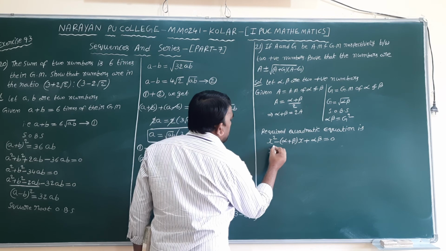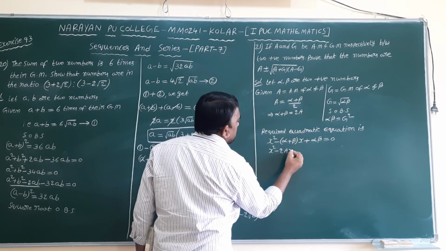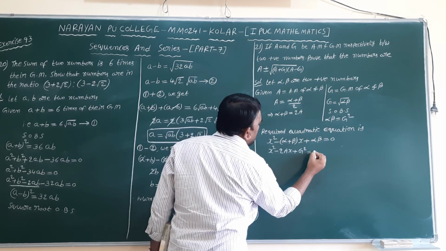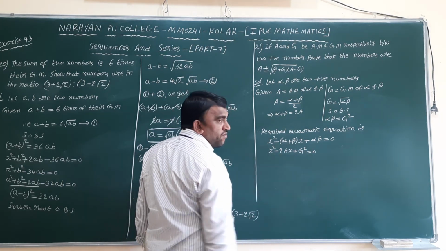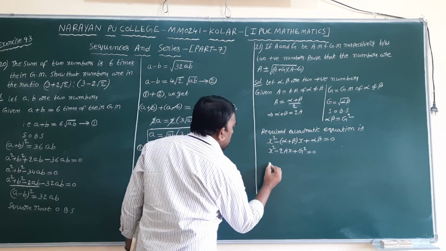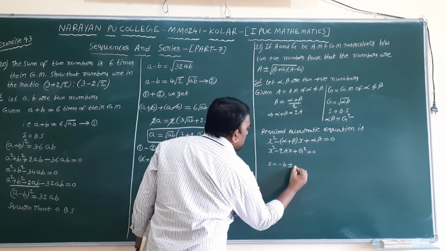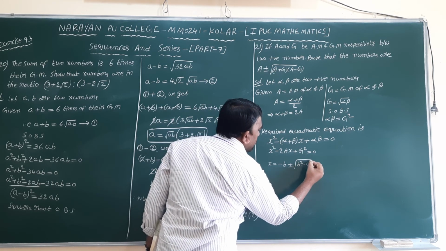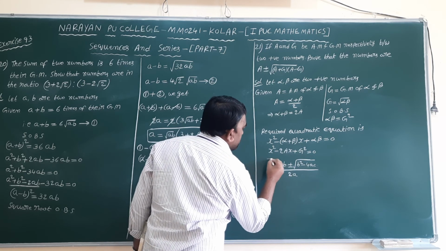So x square minus 2A x plus G square is equal to 0. It is in the form of ax square plus bx plus c. So write the solution: x equal to minus b plus or minus square root of b square minus 4ac, by 2a. This is the formula to find the solution of a quadratic equation.